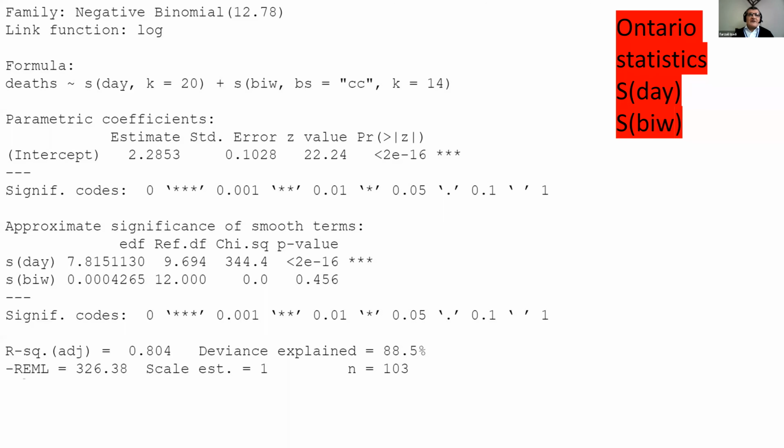Ontario with day and by week, here we have a highly significant intercept, day highly significant, but bi-weekly is not significant.